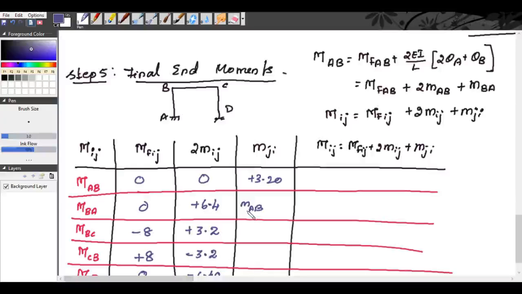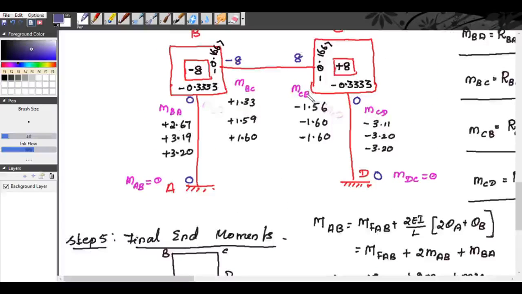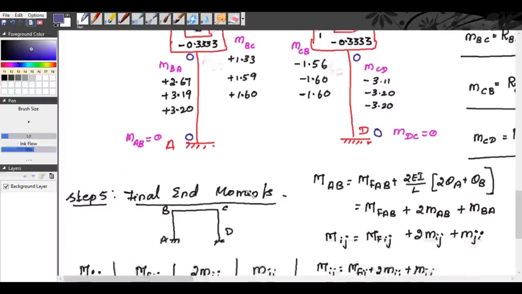So MAB is equal to 0. Next MCB, because JI, so it is CB. MCB will be equal to minus 1.6.